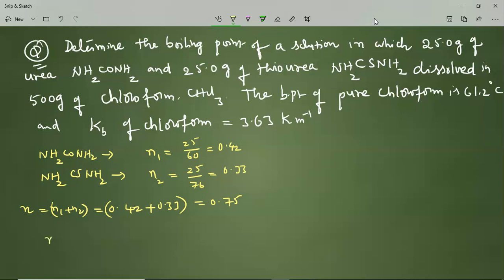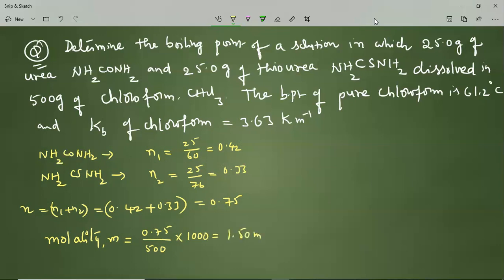Now I can find the molality from this. Molality is equal to the number of moles of solute, that is 0.75, by the mass of solvent, chloroform, which is given as 500 grams. This is given in grams, so I multiplied with 1000. Finally, I got the molality value equal to 1.50.